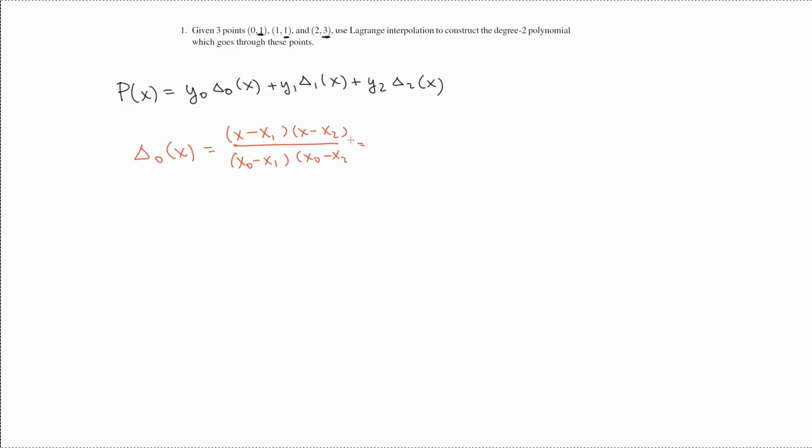Plugging in numbers for x1 and x2 and x0 gives us x minus 1 times x minus 2 all over 0 minus 1 times 0 minus 2. Simplifying this expression will give us 1/2 x squared minus 3/2 x plus 1.